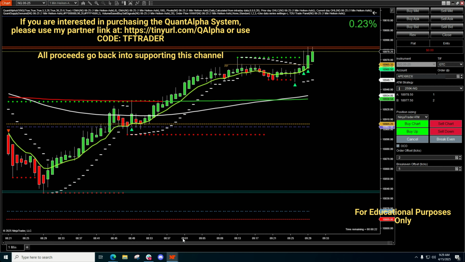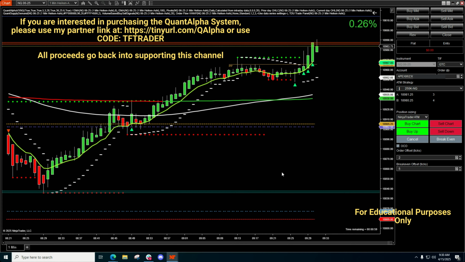So I'm going to be testing the Quant Alpha for NQ. The whole thought process behind the strategy is slow and steady to pass a $250,000 account. They give you a trade plan for doing a 250K Apex account or whichever company you choose.